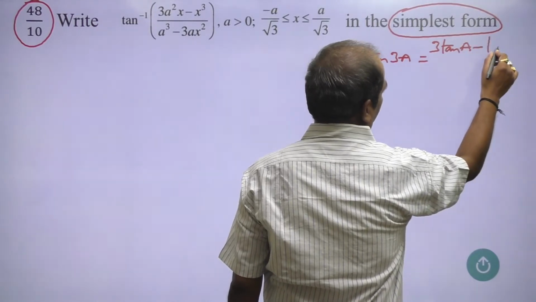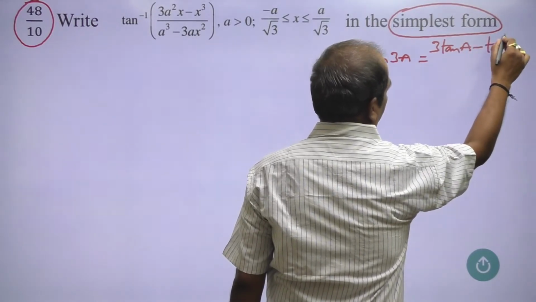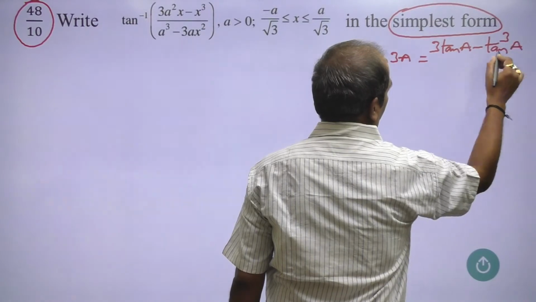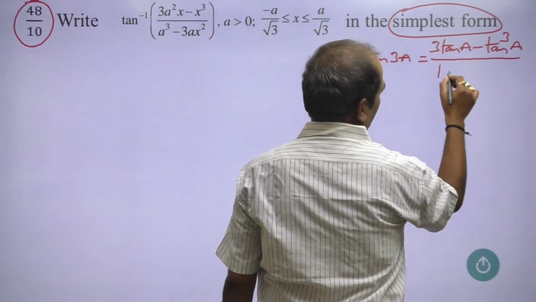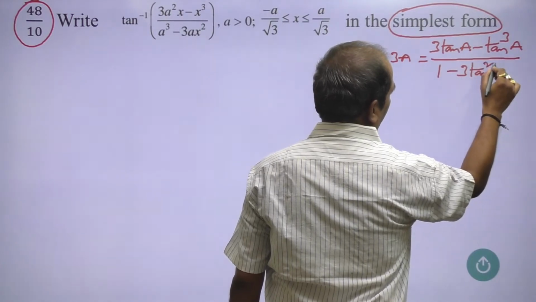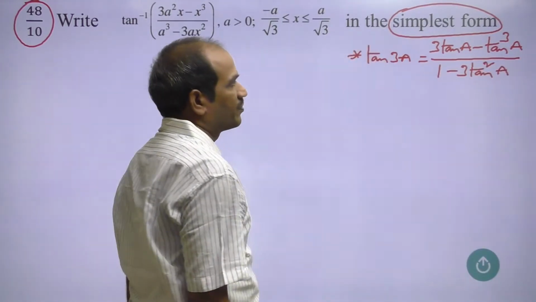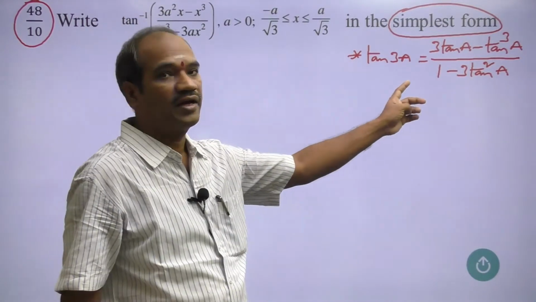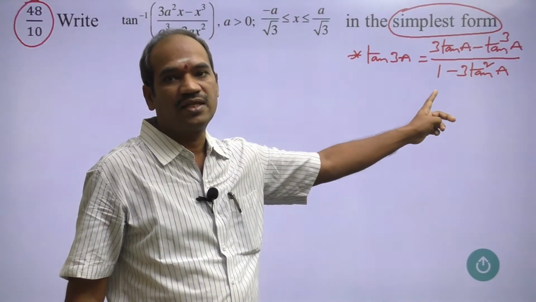Tan 3A is equal to (3 tan A minus tan cube A) by (1 minus 3 tan square A). This is the formula for tan of 3A.